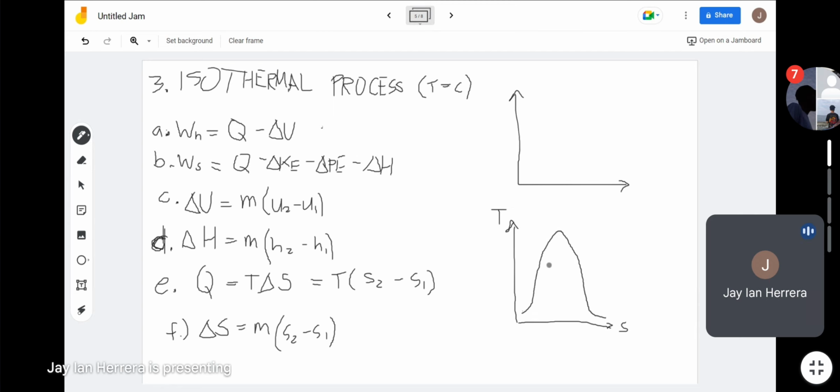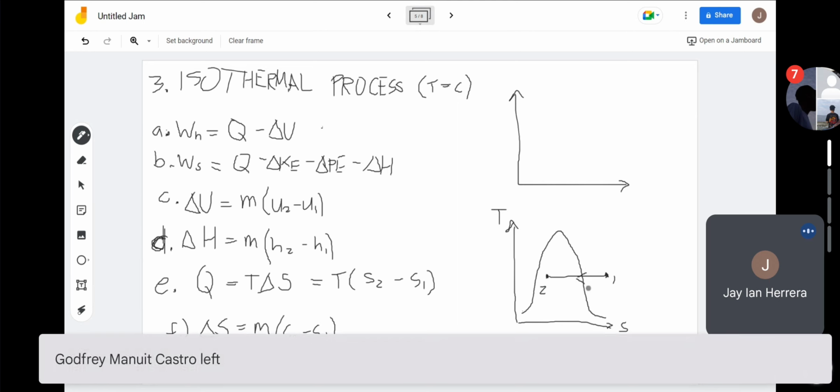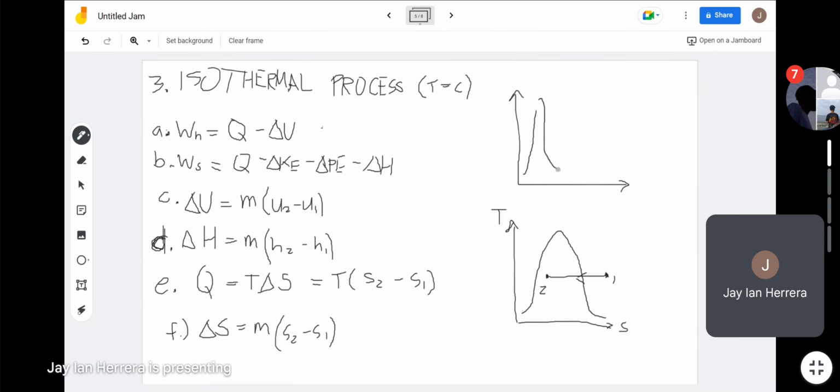So syempre, simply movement lang yan, movement lang yan horizontally since fixed yung ating temperature. So let's say this is point 1, this is point 2.